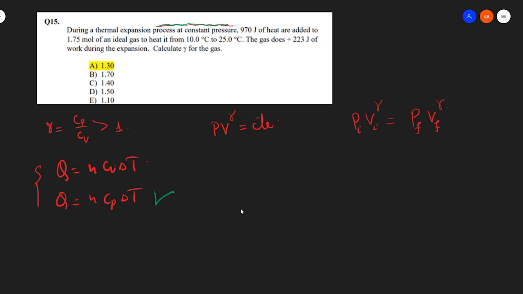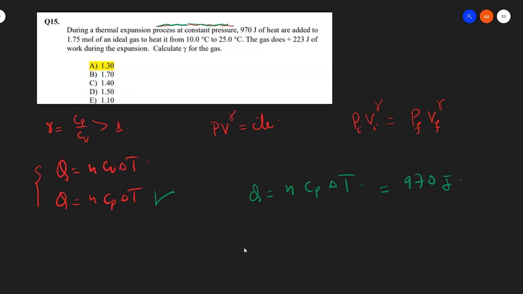Okay, so I will write Q is equal to n CP delta T, and we know the value of Q. It is given here, which is 970 joule.